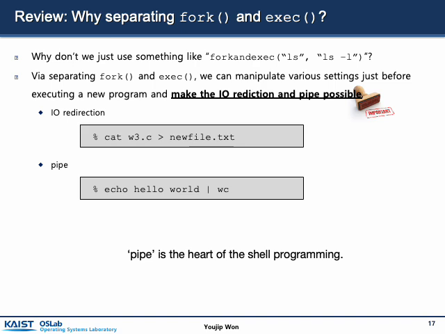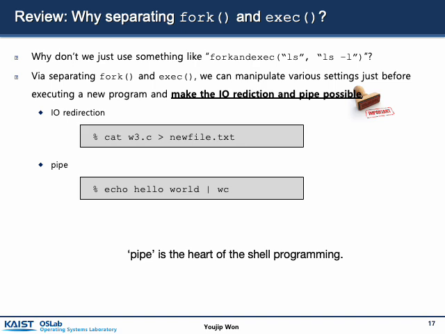Unix-like systems separate the fork function and the exec function. The fork function creates a child process and makes that process ready to run a certain user program. The exec function actually makes the child process start a certain user program.